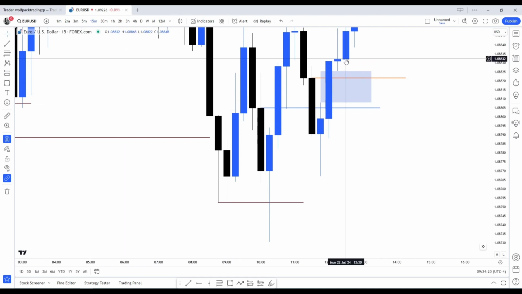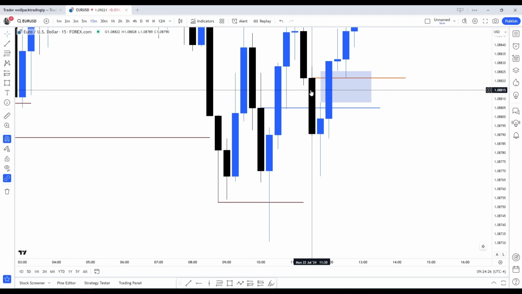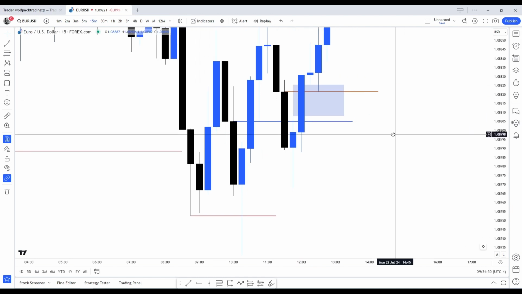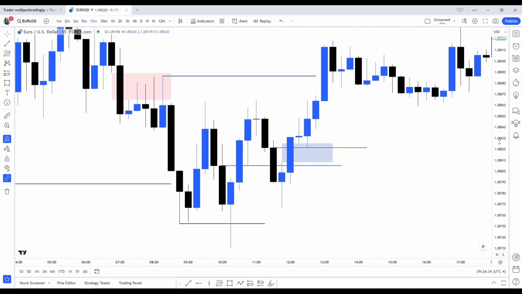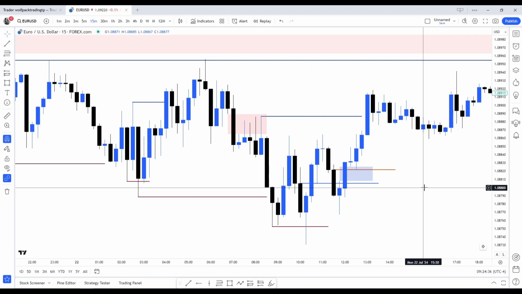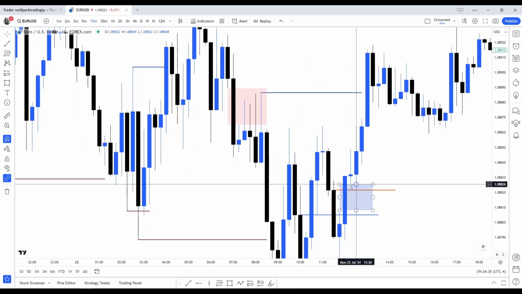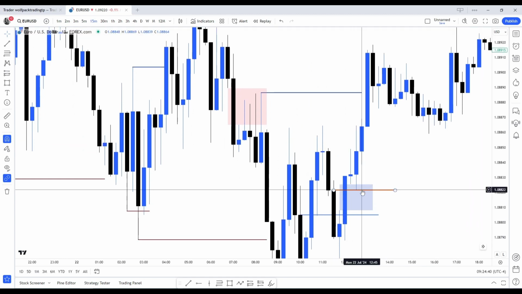So this candle's low here comes in at 8822, and this candle's opening price is 8822. Now it doesn't get any more accurate than that, does it, folks? It doesn't become any more precise than that. So this entry right here would have been a 0 drawdown entry. That is exactly how you find high accuracy and low drawdown entries.